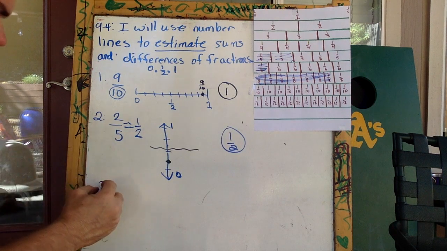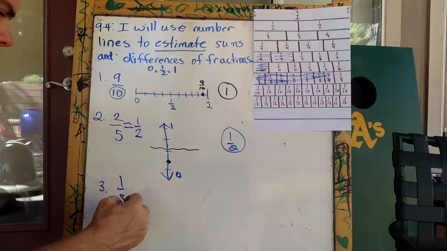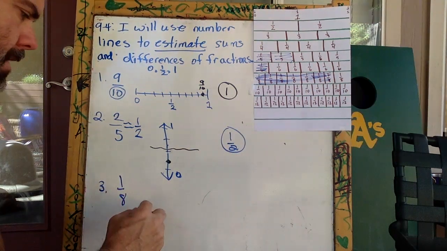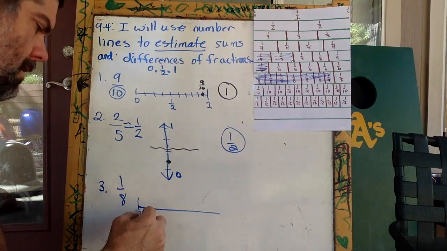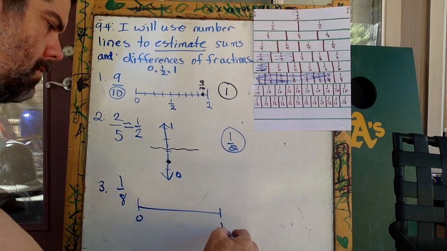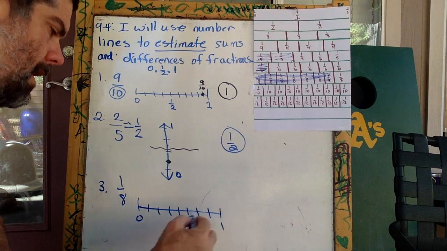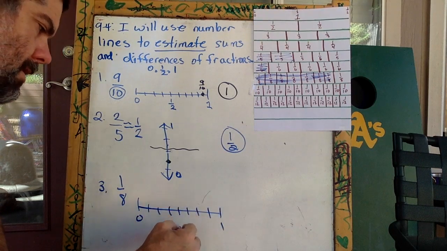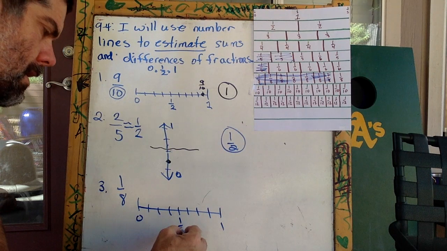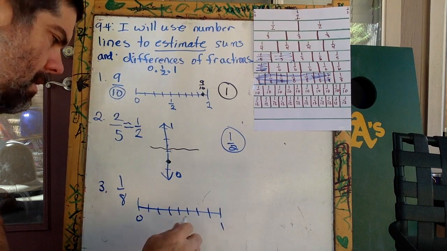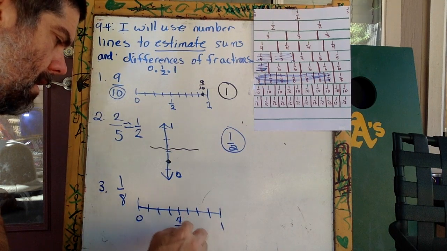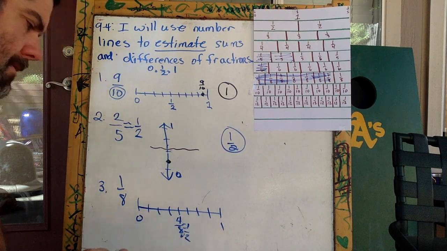Let's try number 3. This is 1/8. Again, my denominator tells me my number line needs to be eighths. So here's 0. Here's 1. 1, 2, 3, 4, 5, 6, 7, 8. The halfway point is here because 4/8 is the same as 1/2.